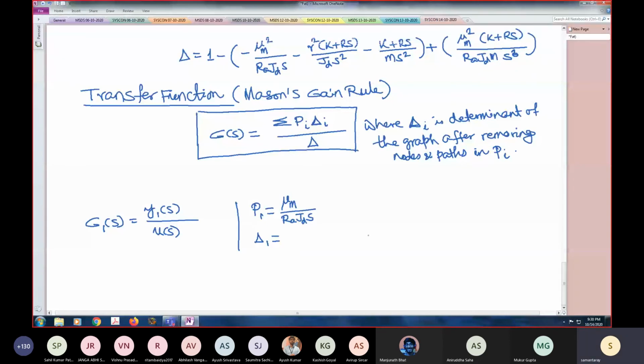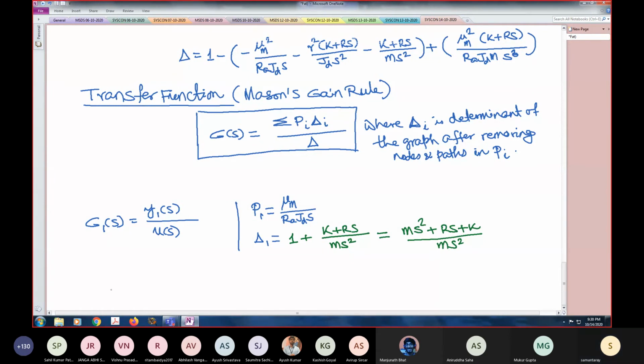So this is 1 plus K plus RS by MS square, which we can simplify: MS square plus RS plus K by MS square. So we write our transfer function straightforwardly.